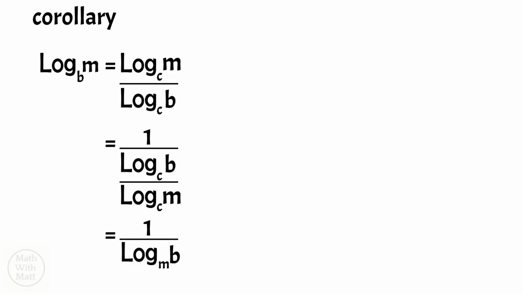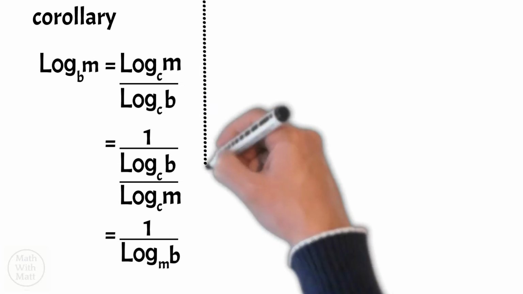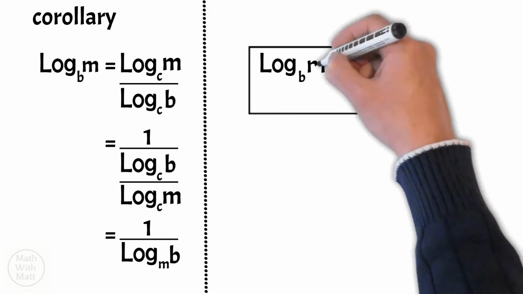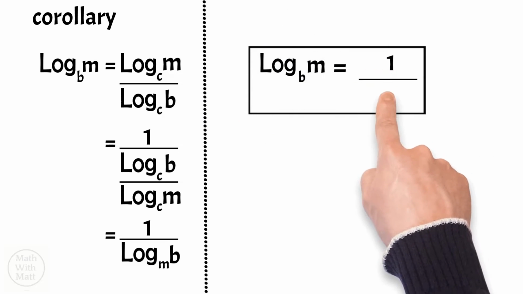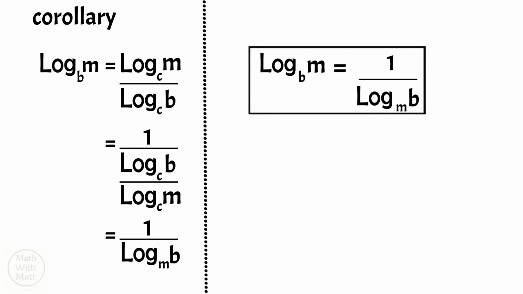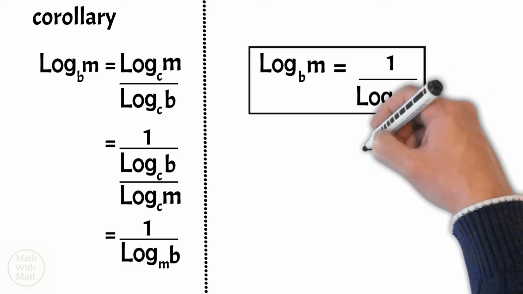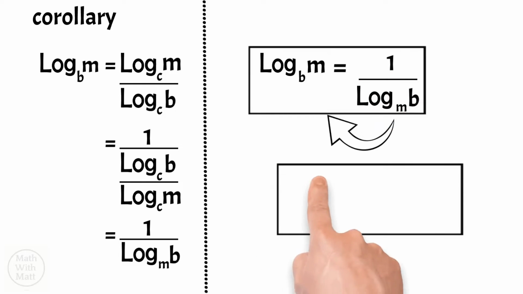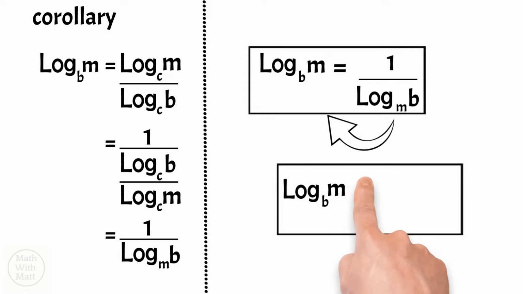So we get log to base m of b as a new log in the denominator. What new interesting thing we've seen here is that we can easily manipulate the position of base and the number in a given log. And what if we take the log on the denominator and multiply it to log on the right side? We get a new variation of the base change rule to work with.